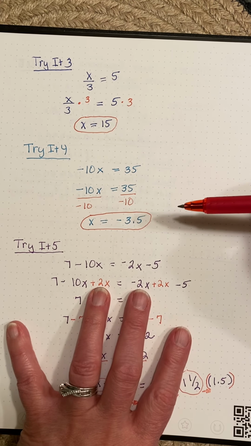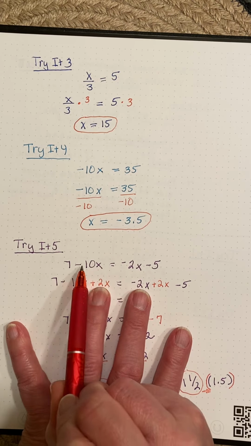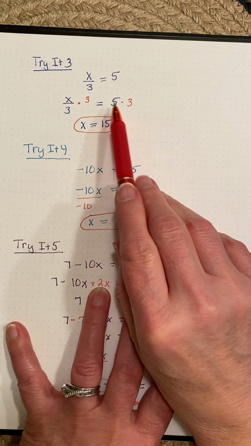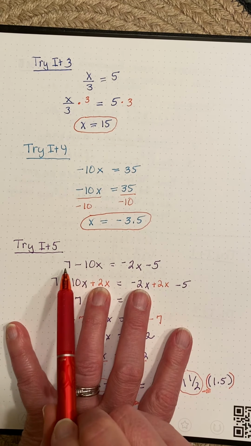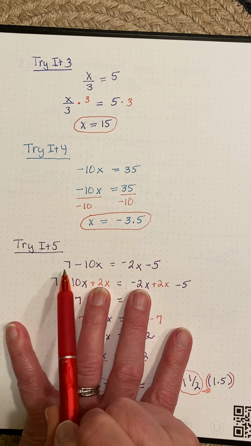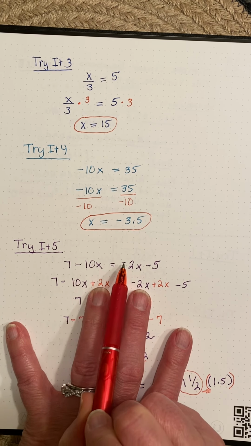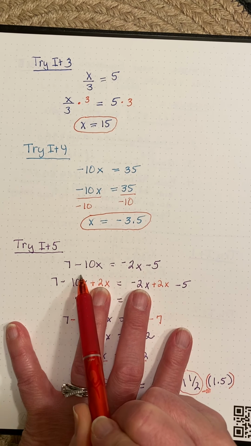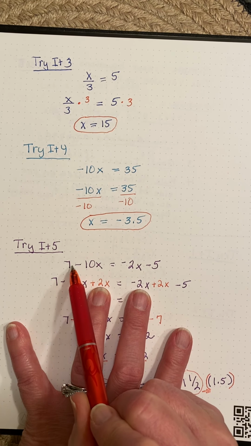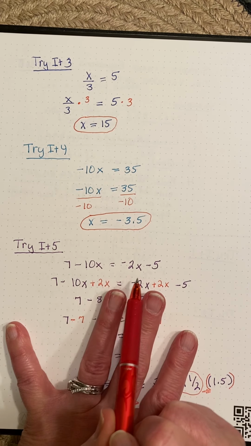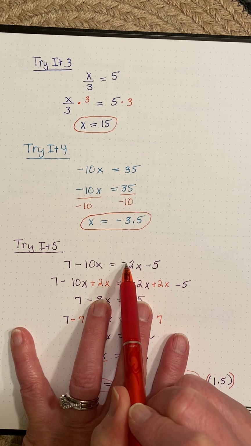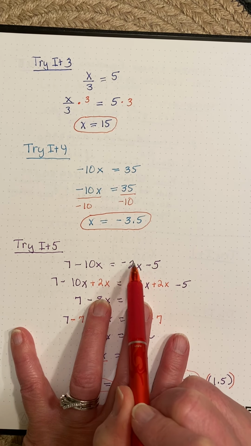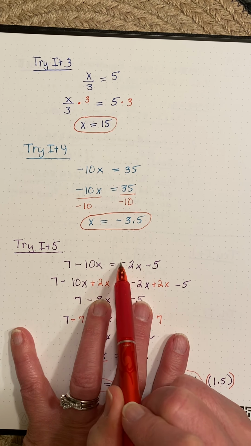Try it 5 adds another element. Now it's not just equaling something on the other side and I have to do something to it. Now I have x on both sides. So I have 7 minus 10x equals negative 2x minus 5. I need to get my x's on the left and work from there. So to get my negative 2x on the other side, I have to do the opposite.